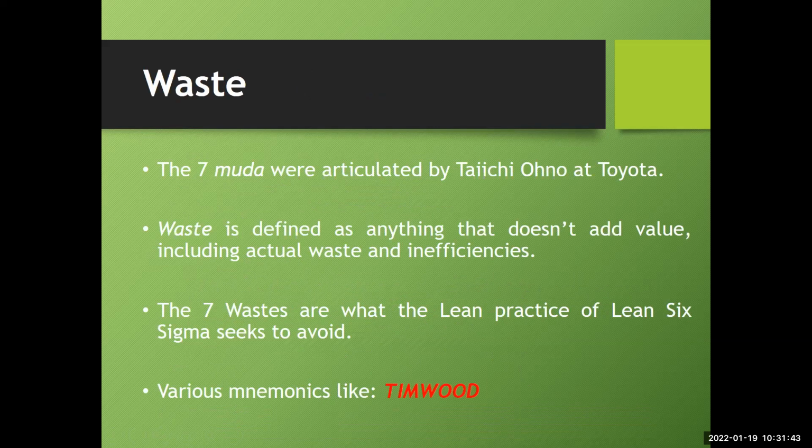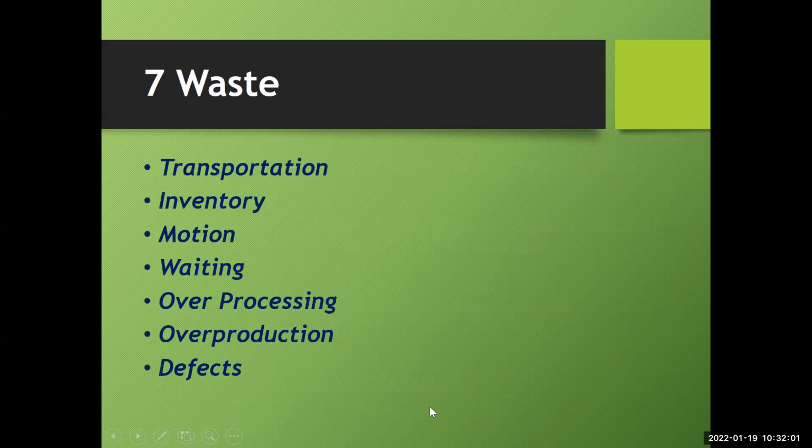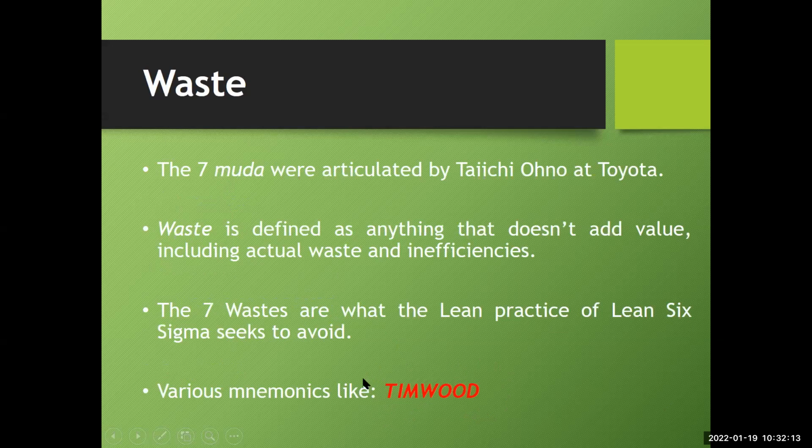Any non-value added thing is considered waste, and generally seven wastes have been identified by lean practitioners and researchers, with a mnemonic to remember them: the abbreviation TIMWOOD. What is this TIMWOOD, guys? Transportation, inventory, motion, waiting, overprocessing, overproduction, and defects. TIMWOOD, to learn and understand these wastes.